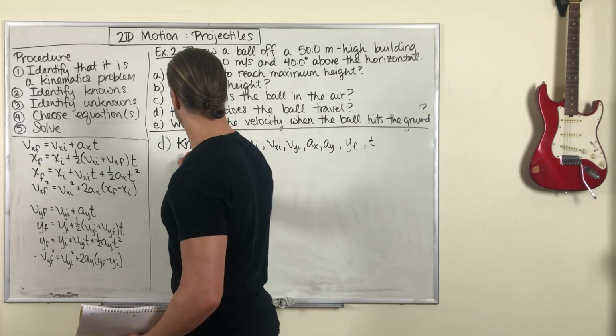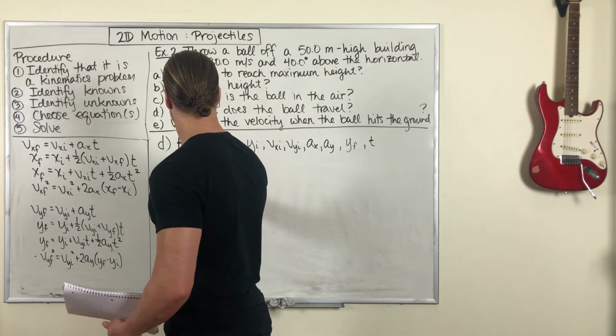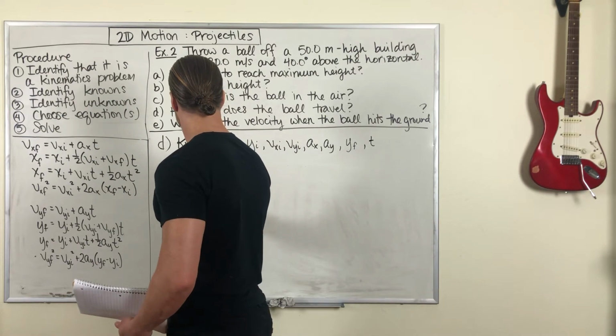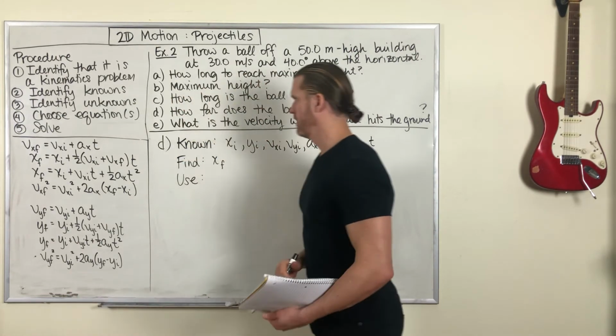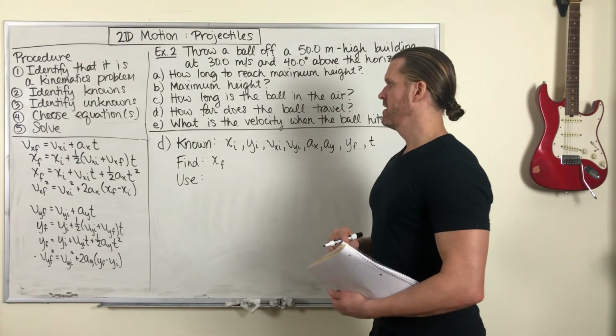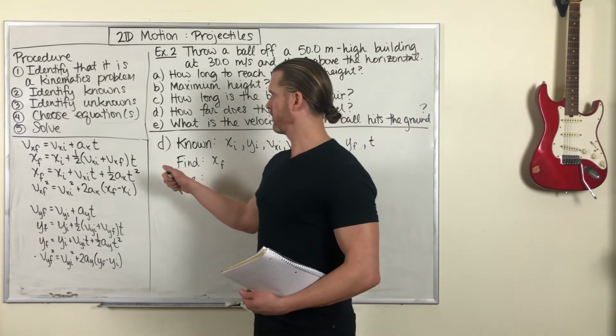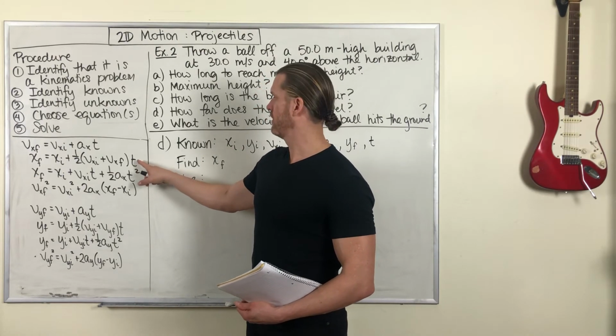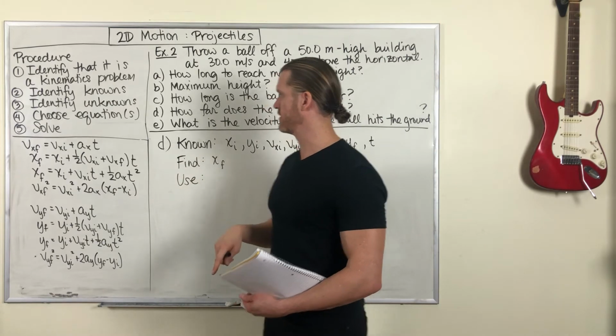That means we're looking for x final. So we should use one of these x equations, and just like in the previous example, it doesn't matter whether we use the second equation or the third equation.